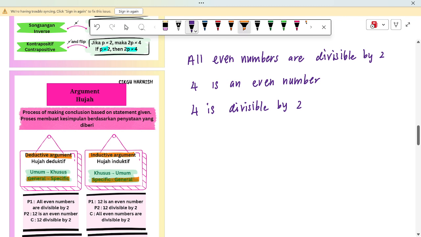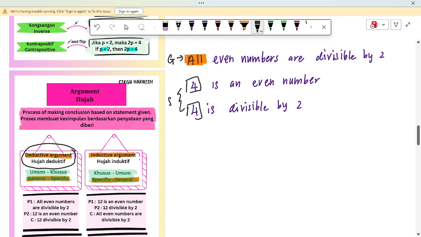So if you can see, they have started the statement with "all." "All" is a general statement. It can be any even number that's divisible by 2. So you can see this is G, general. Then they have specified 4 is an even number, 4 is divisible by 2. So this is specific. So this is going from general to specific, which is your deductive argument.